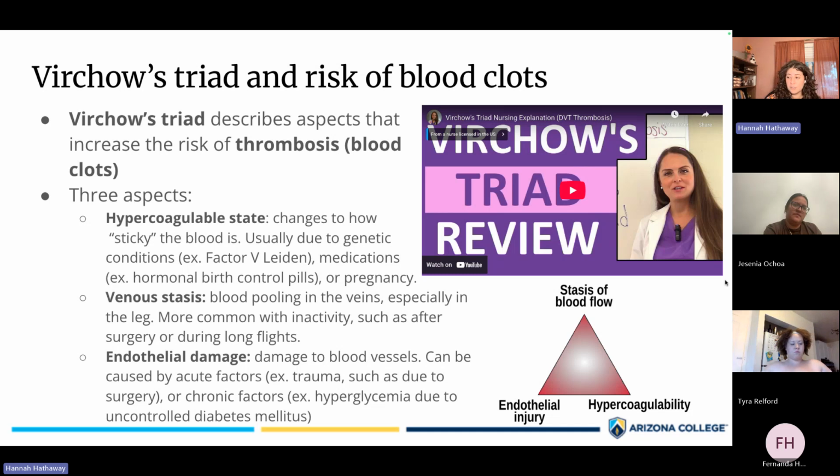That can be actual trauma or surgery, but it could also be some of the things we talked about before, like high blood pressure, uncontrolled hyperglycemia, and diabetes mellitus. All of that can increase the risk and cause endothelial damage. So these three things together are the three main risk factors for forming blood clots and potentially developing a deep vein thrombosis or DVT, which is a blood clot in the deep veins, usually in the legs.